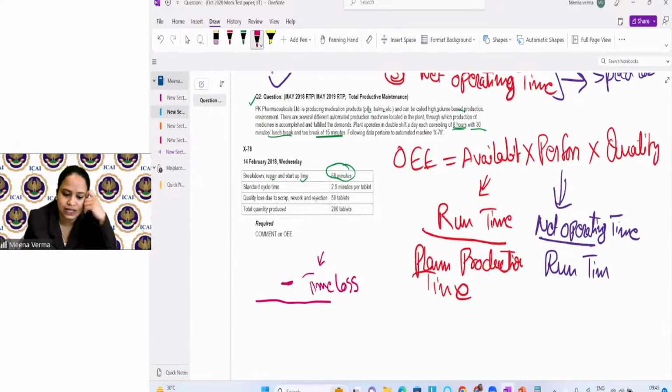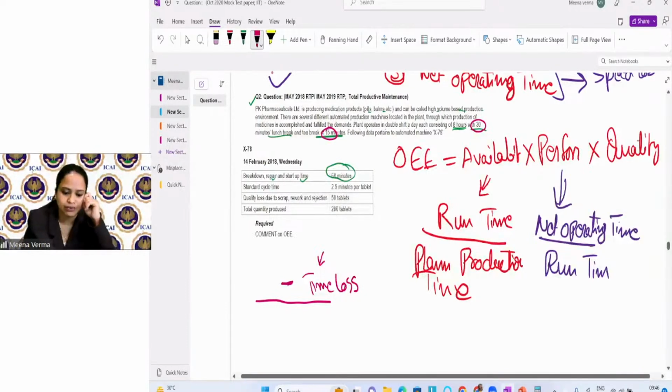So what is happening here? The worker is taking 30 minutes of lunch break and 15 minutes of tea break. This is the time lost by the worker.